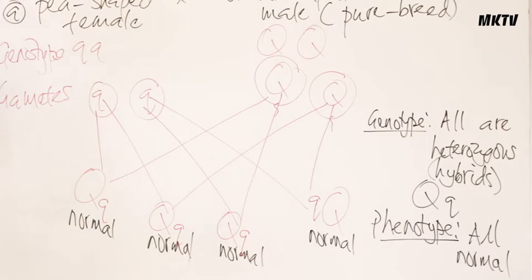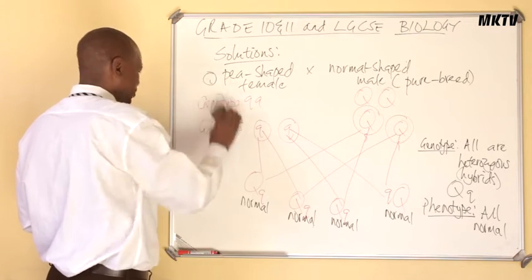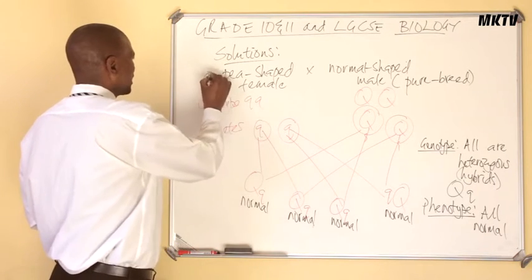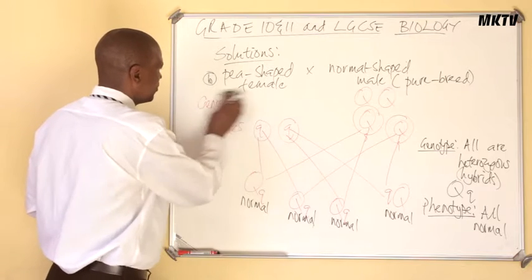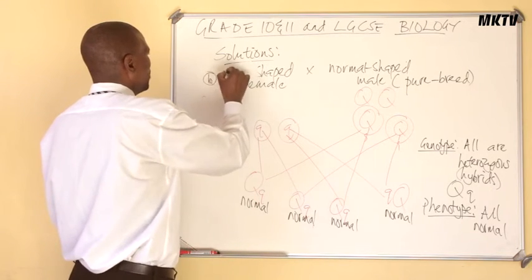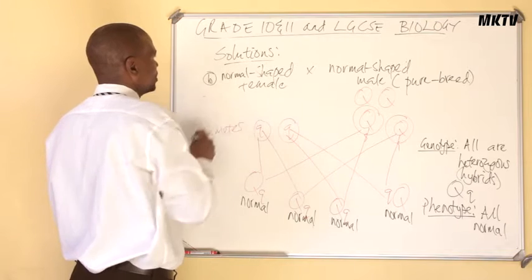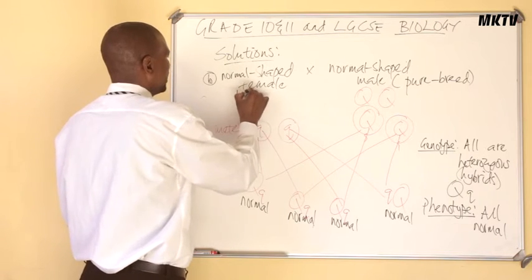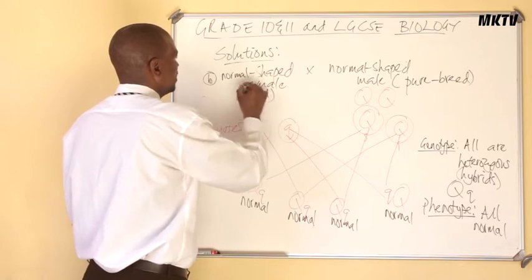Let's come to the second one. The second one, which is B, you have copied this one, I'm sure. The female was normal shaped, but it was specified that it was a hybrid.